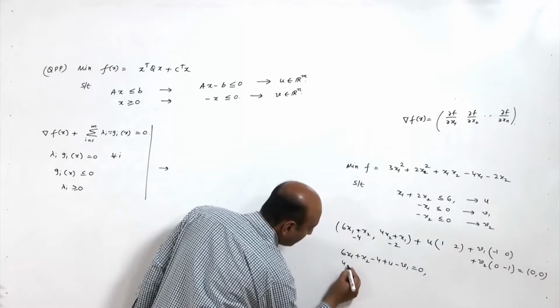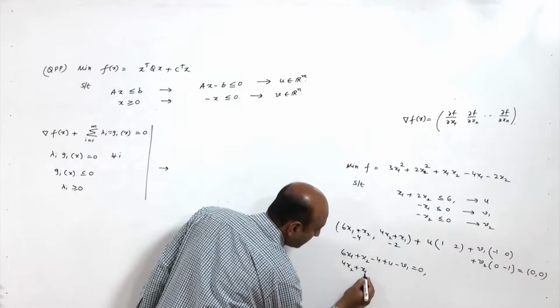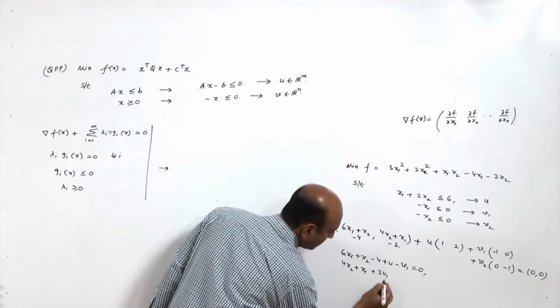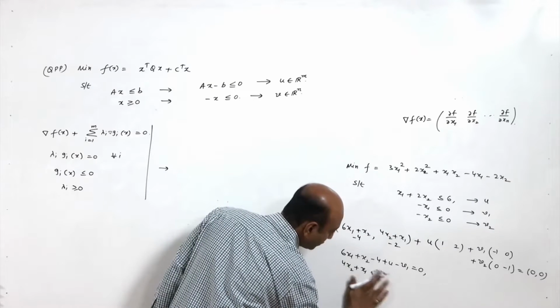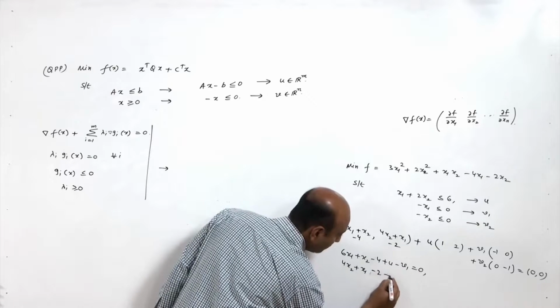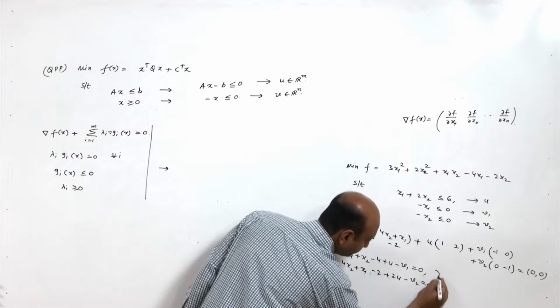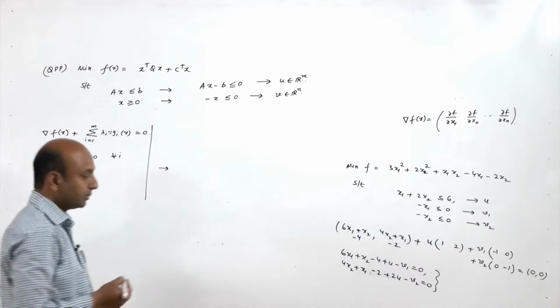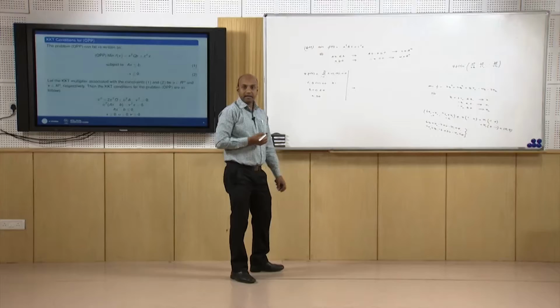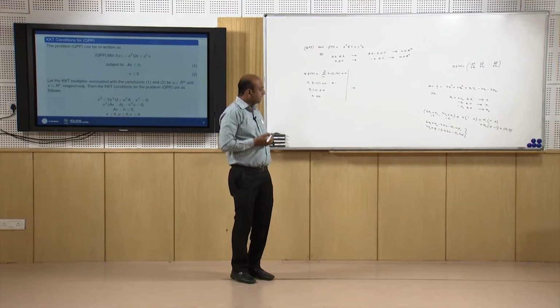The second equation will be 4x2 plus x1 minus 2 plus 2u minus v2 equal to 0. So these are the KKT conditions corresponding to this problem.